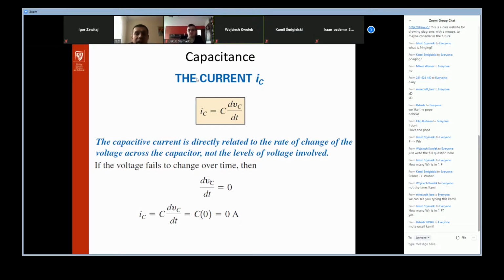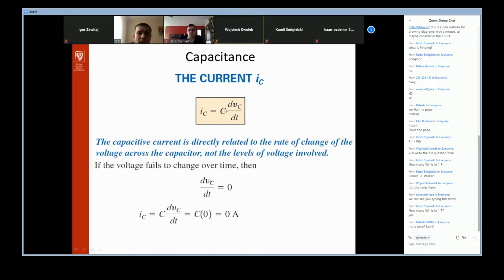So as you see, that's why for the expression for the IC, we'll have the derivative of VC according to the time. What does it mean? The capacitor current depends on the changing of the voltage on it in the time domain.